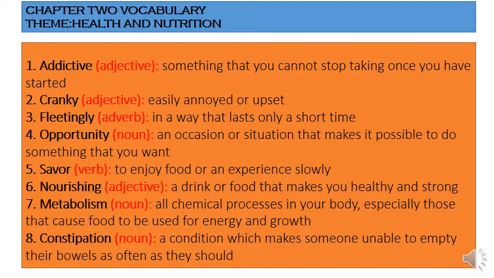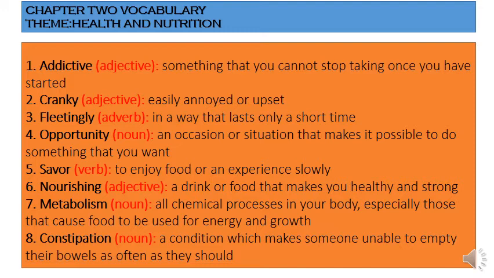So something which is addictive is something that you cannot stop taking once you have started, okay? Like drugs or video games or sometimes junk food or alcohol. All of these are addictive things that you cannot stop once you have started.